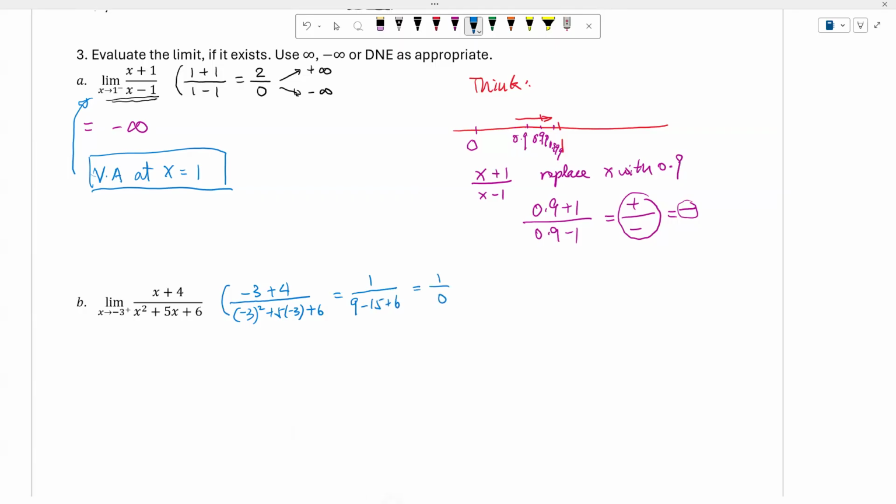Again, I have 1 over 0. The result is either positive infinity or negative infinity. Now the same situation: we approach -3 from the right-hand side.